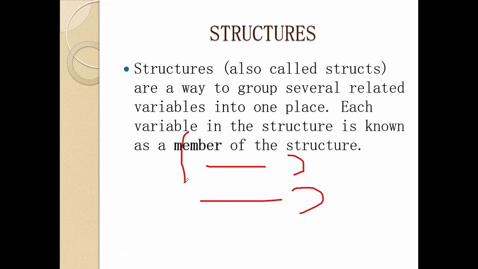But what if we need all of them to be grouped together and known as one variable, having one parent only? So here the concept of structure comes. A structure can contain any combination of data types, including other structures, arrays, and pointers.